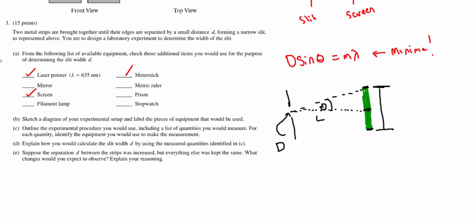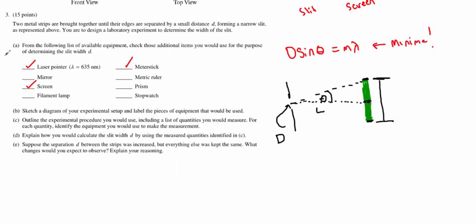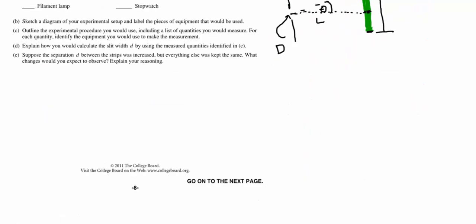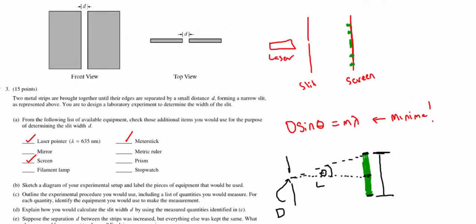Now you can use the small angle approximation, because you typically can do that with a single slit interference pattern, but also because the width of that central band will be significantly larger than the distance you are away. Or you can recognize that tan theta is x over L, and then you can find theta and plug it back into the d sine theta equation.